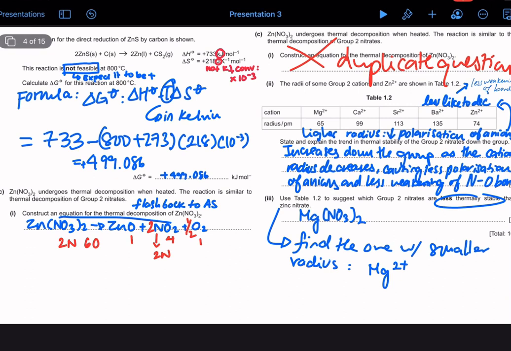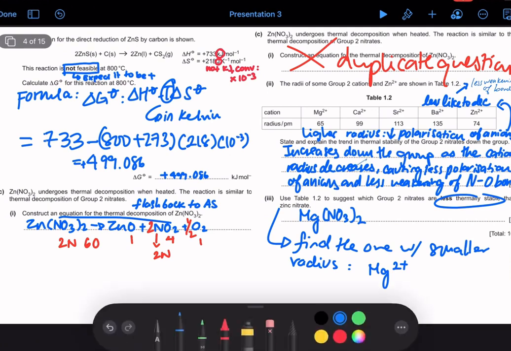The group 2 nitrates will likely increase in their thermal stability down the group because their cation radius decreases, causing less polarization. Wait, the cation radius is not supposed to be decreasing, it's supposed to be increasing. So we'll fix that mistake.